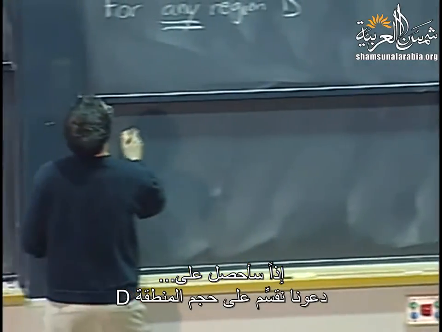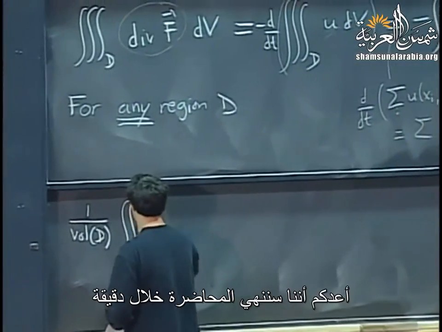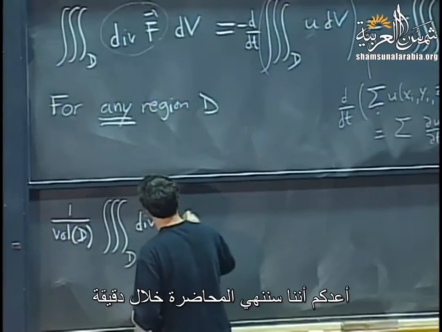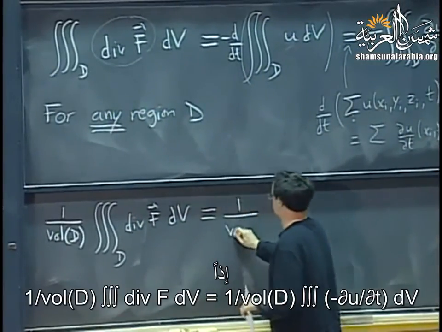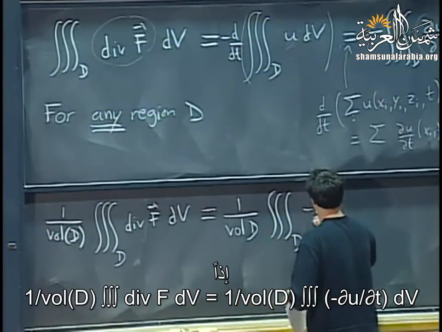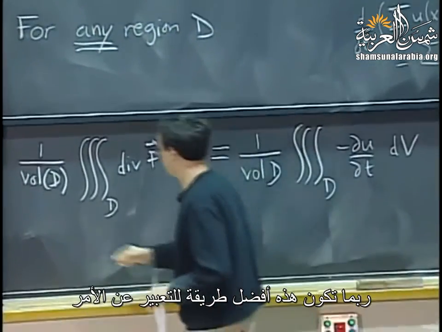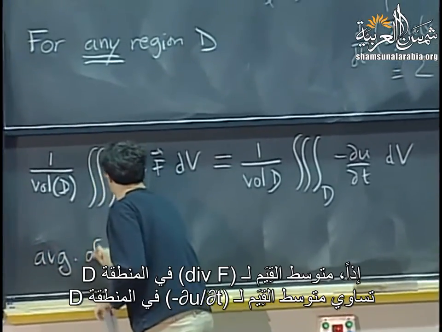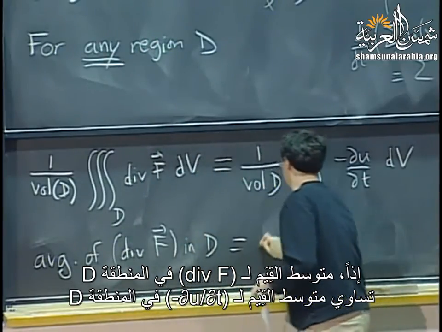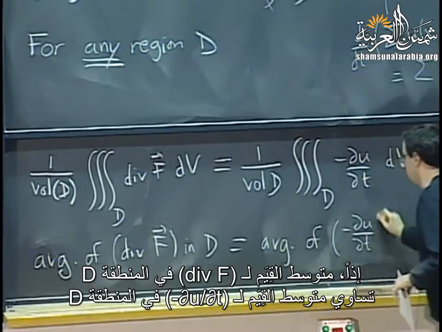So what I get is that 1 over, let me divide by the volume of D, is the same thing as 1 over volume of D of negative du/dt dV. So that means the average value, okay, maybe that's the best way of explaining it. The average of div f in D is equal to the average of minus partial u partial t in D.